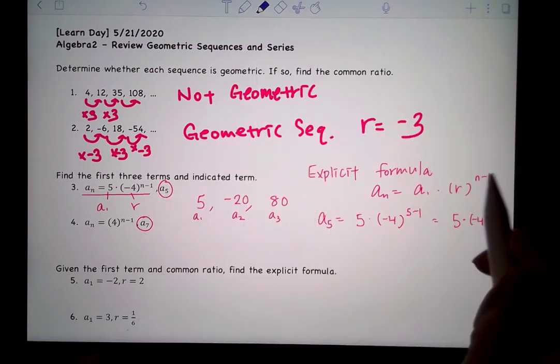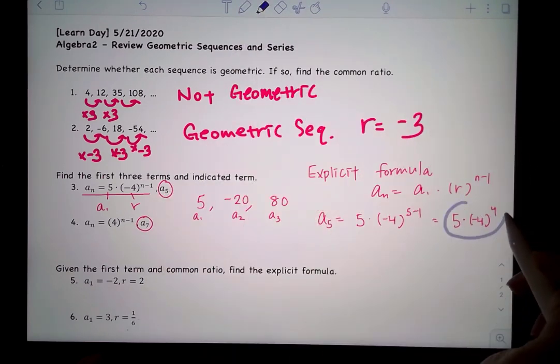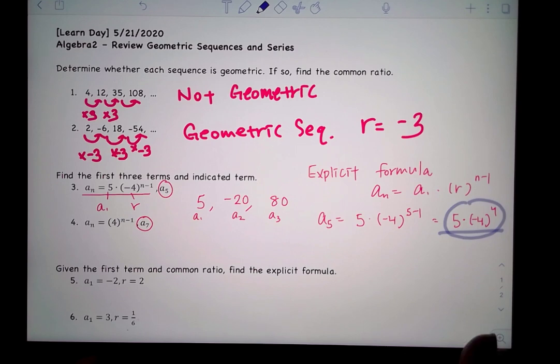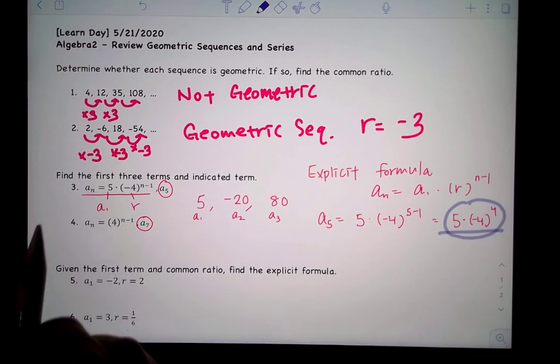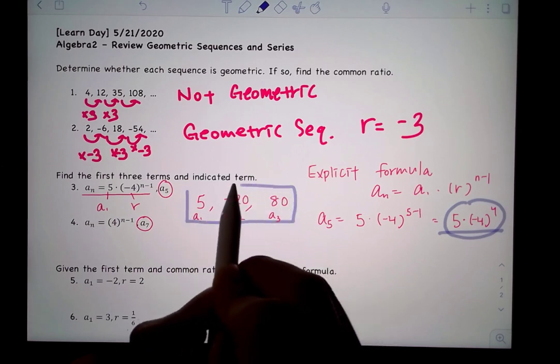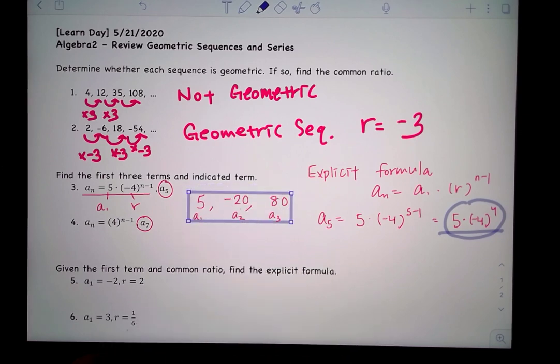So guys, I will accept this answer. This is fine, because numbers are so big. If you calculate it on the calculator, then it has like 6 digits, 7 digits, sometimes like 10 digits, right? It's such a big number. So this form, I will accept. You can write your answer like that. Alright? So my answer for number 3, we need to get the first 3 terms, right?